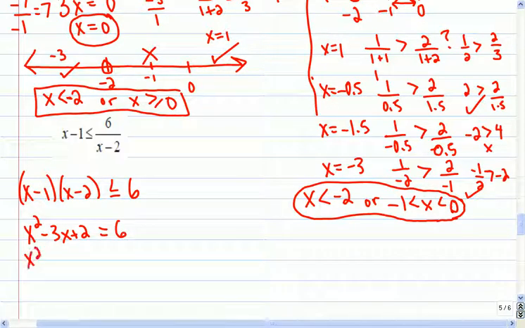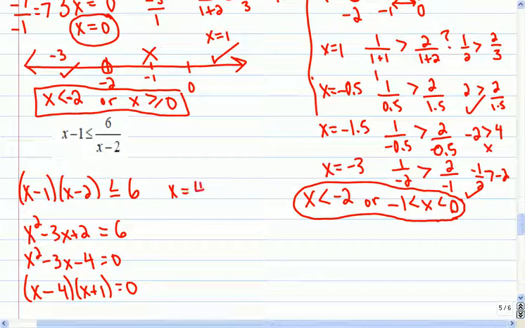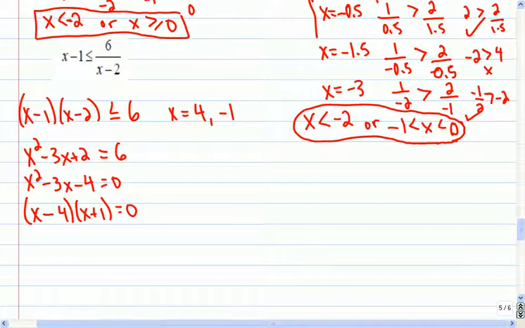So x squared minus 3x minus 4 equals 0. That means (x minus 4)(x plus 1). So that gives me a couple boundary points, one at 4 and one at negative 1. Those are where it's equal.